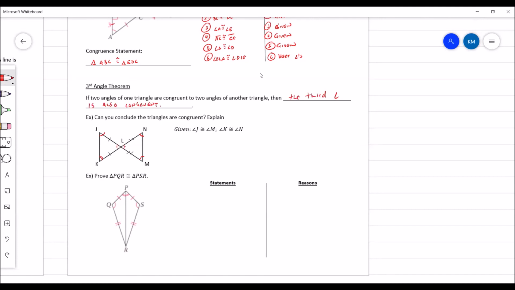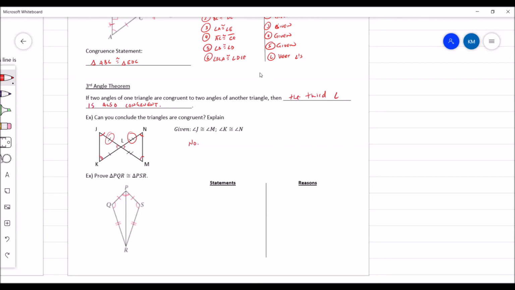But looking at our diagram, pay close attention to these markings. JL is 1 dash, LN is 2 dashes. Even though both of these are isosceles triangles, they don't seem to be congruent to each other or necessarily need to be. So no, the corresponding parts would not be congruent to each other. Okay, so I'll say that out loud and not write it down.